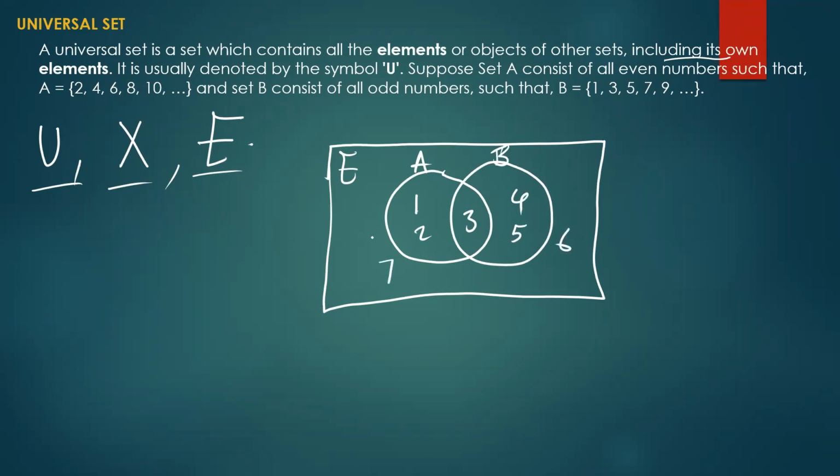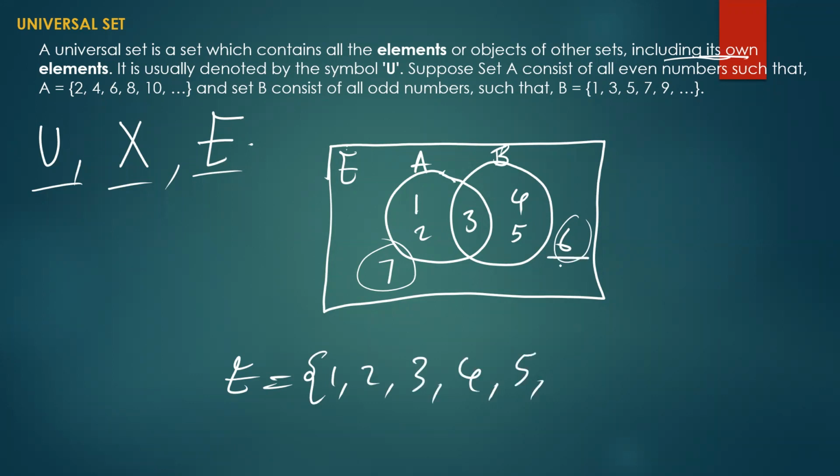So a universal set is simply a set which is going to list everything here, all the elements of set A and all the elements of set B, including the elements that are outside sets A and B. These are the ones that are referred to as its own elements. So we can write the universal set here as 1, 2, 3, 4, 5, including its own elements, 6 and 7.